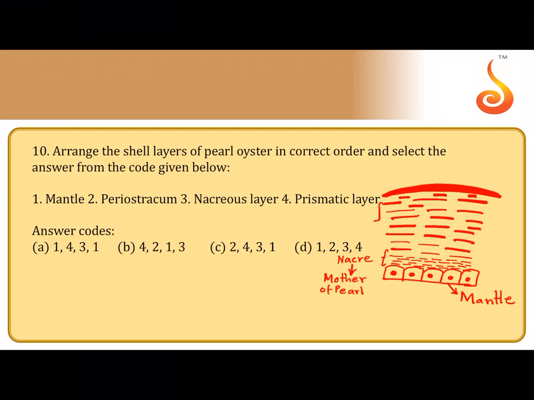So then we saw that there is a layer which offers strength and rigidity, and this layer is also made up of calcium carbonate and conchiolin. However, in nacre you have alternate layers of calcium carbonate and a special protein that is found only in mollusca, conchiolin.